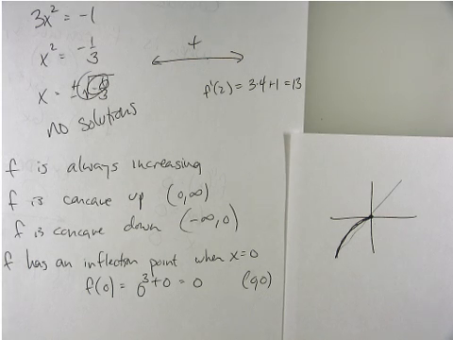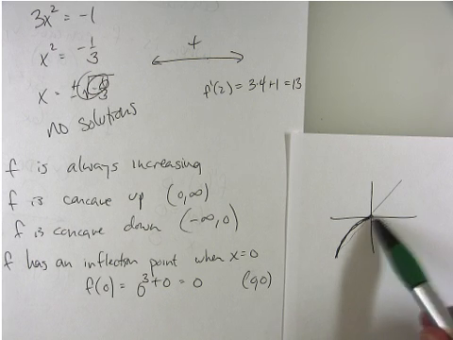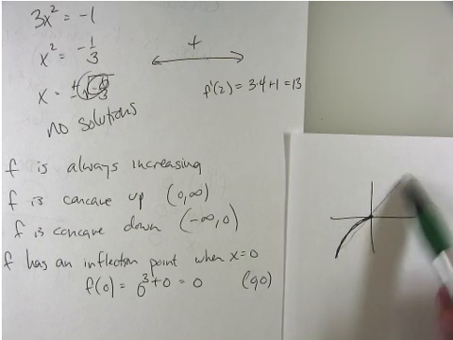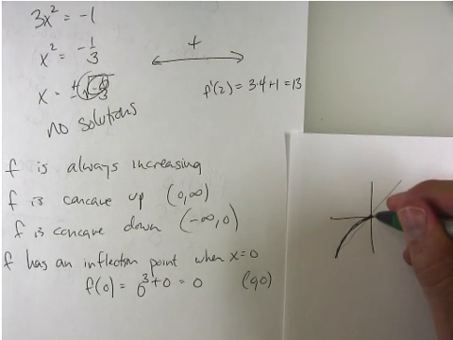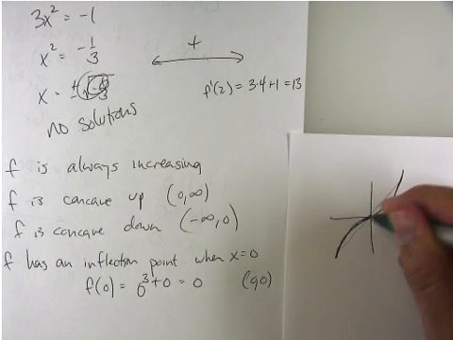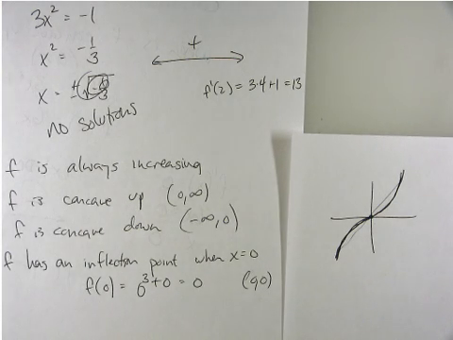Concave down, but increasing. And then after 0, it's still increasing, but it's concave up. So it's going to be bendy like this. So there is a rough sketch of what f of x looks like.